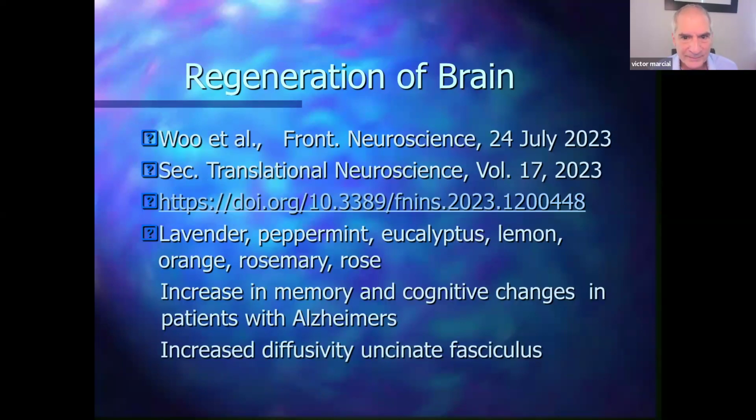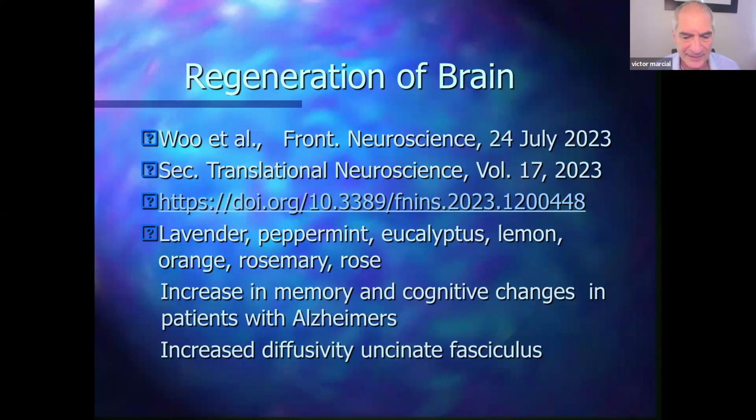Because these lipids have this potential, there was a randomized study done by Wu in South Korea, where they took Alzheimer's patients and had them inhale these lipids through the night, for 2 hours at a time each night. They did an MRI scan of the brain at the beginning of the study and 6 months later, and found an increased diffusion capacity of the uncinate fasciculus.